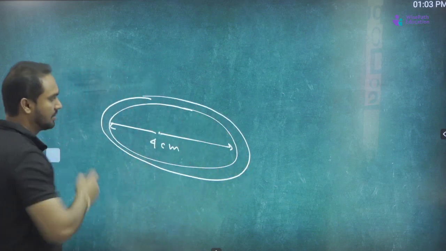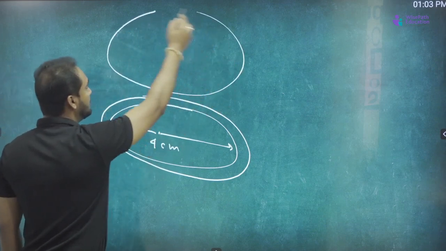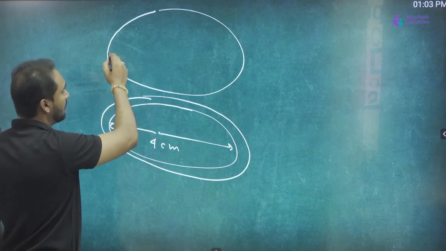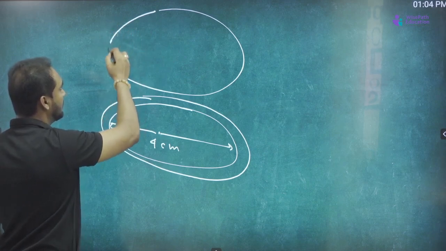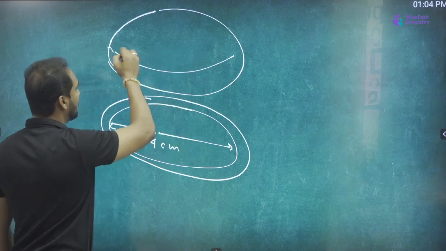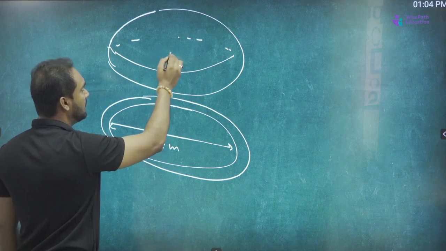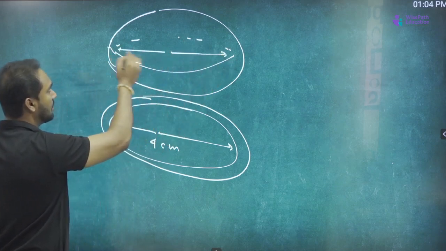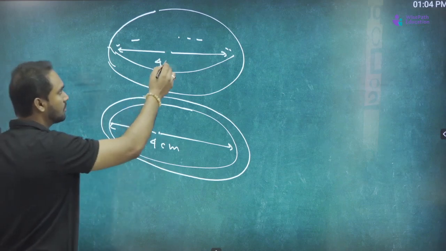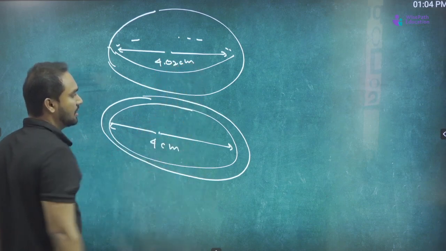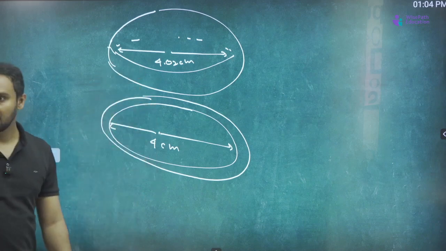This is the ring, and there's a sphere with a diameter of 4.02 centimeters. So can you put this sphere through the ring now?